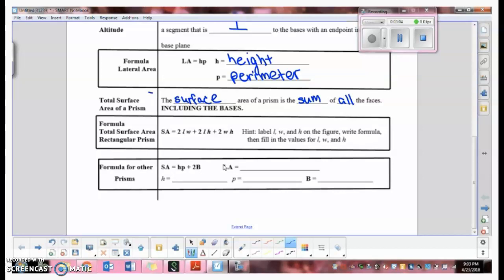And just to be more general, we say that the surface area is hP, where h is going to be the height, when you're standing it on its base, and P is going to be our perimeter.